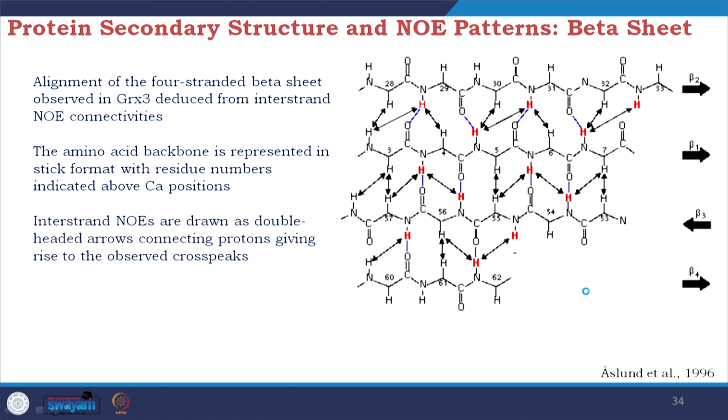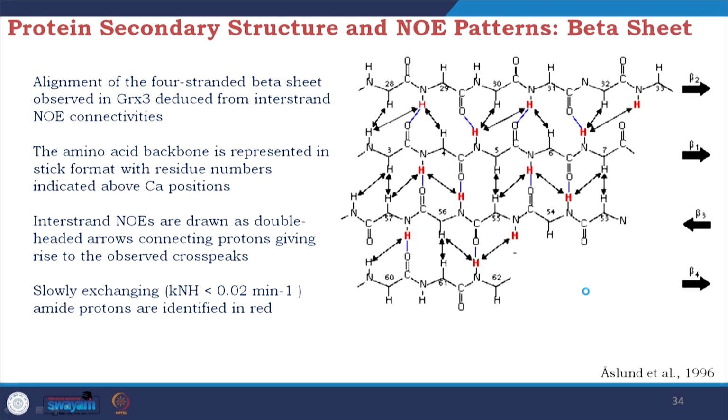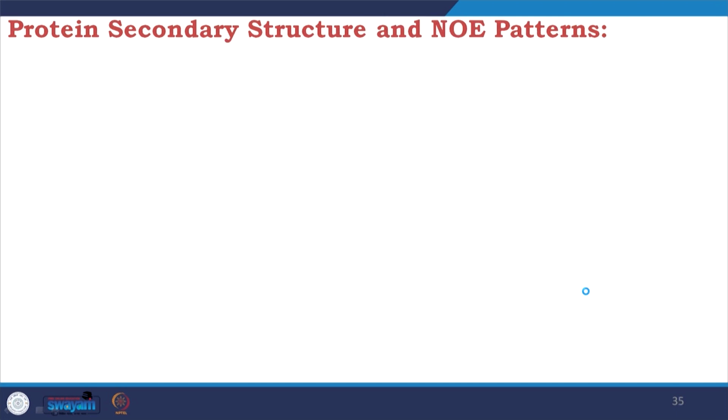Interstrand NOEs are drawn as double headed arrows connecting protons giving rise to the observed cross peaks. You see the double headed arrows. Slowly exchanging amide protons are identified in red. So, from there you could get an idea and assign and determine the secondary structure.